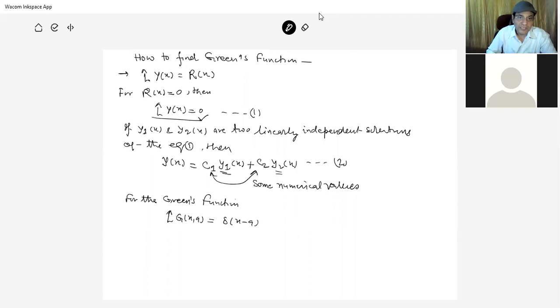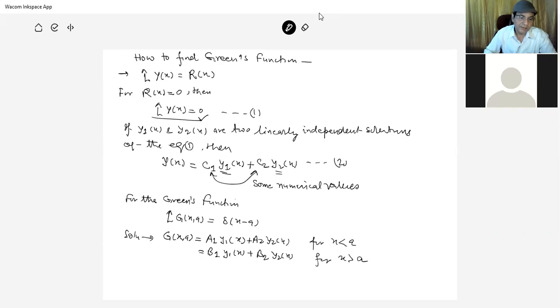So the general solution G(x,a) can be written as A1 y1(x) plus A2 y2(x) for x less than a, and B1 y1(x) plus B2 y2(x) for x greater than a, where A's means A1, A2, and B's are B1, B2, are dependent on a. Here a is the constant.